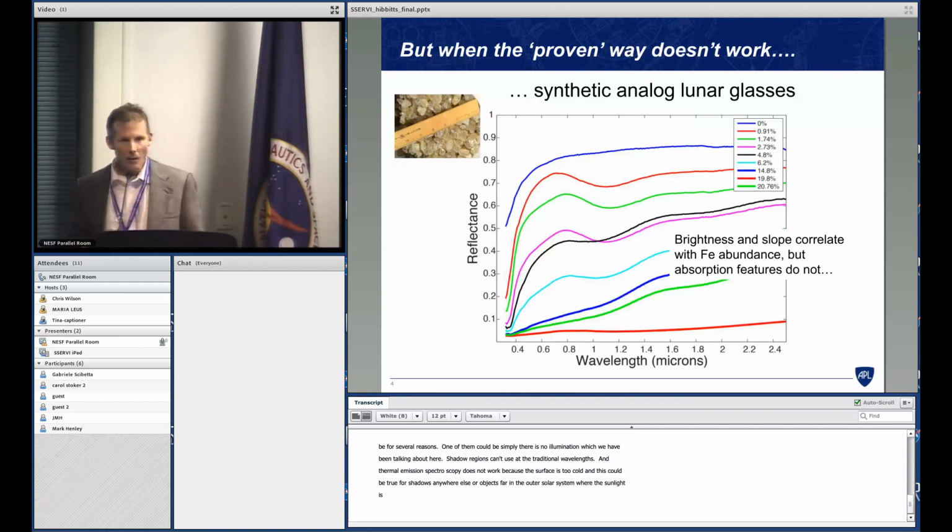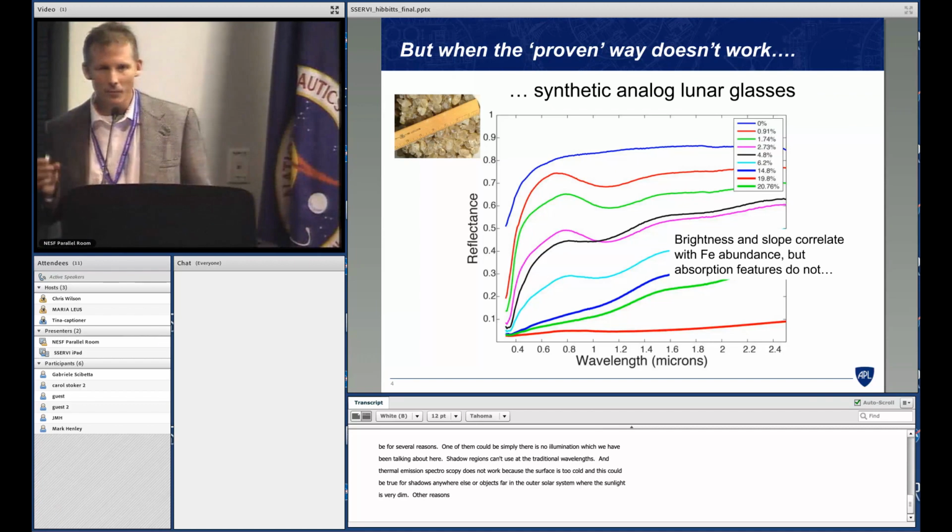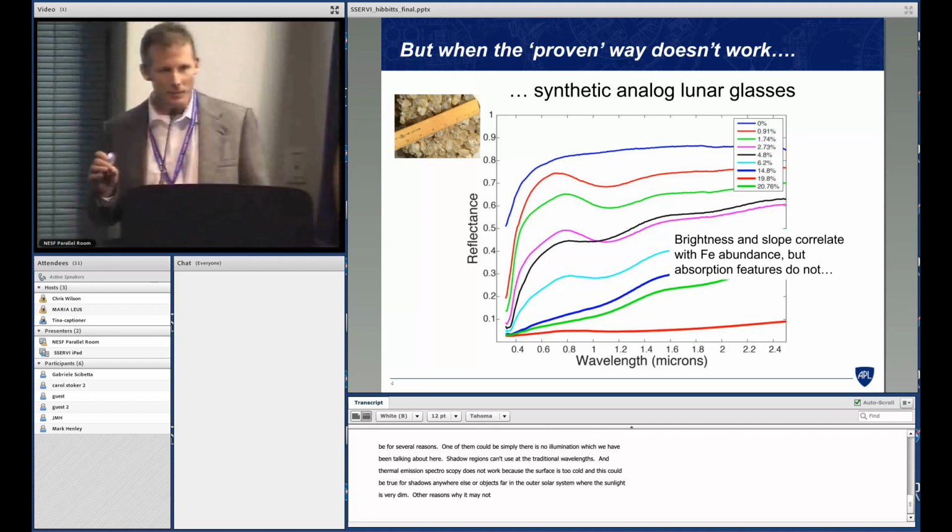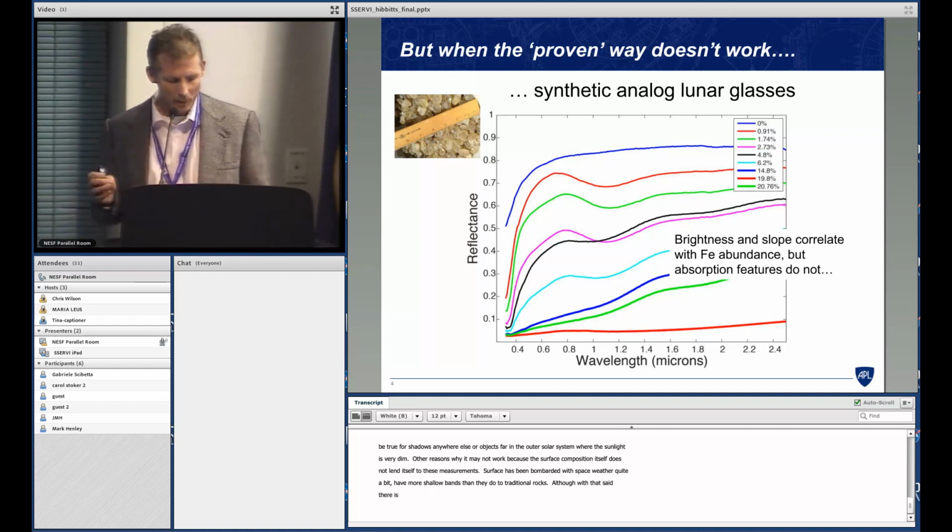Other reasons why it may not work is because the surface composition itself does not lend itself to these measurements. Surfaces that have been bombarded or irradiated quite a bit, space weathered quite a bit, have more shallow bands than traditional rocks. Although with that said, there is quite a bit of successful use of shortwave infrared spectroscopy and infrared spectroscopy for determining the composition of the moon.